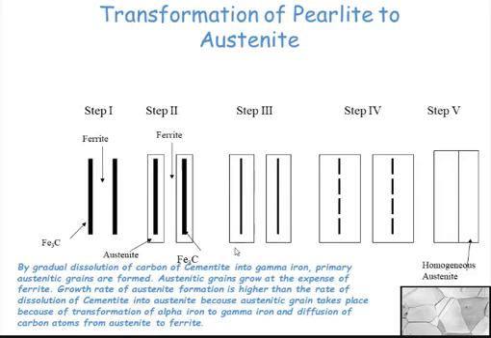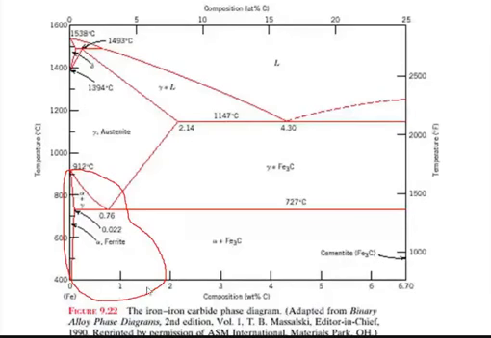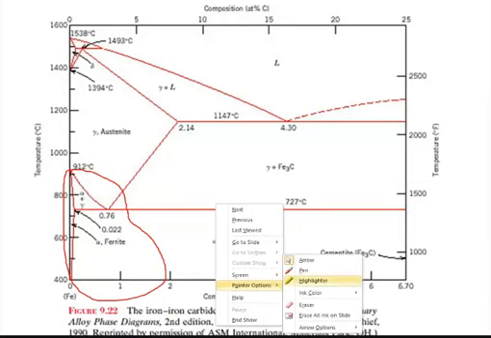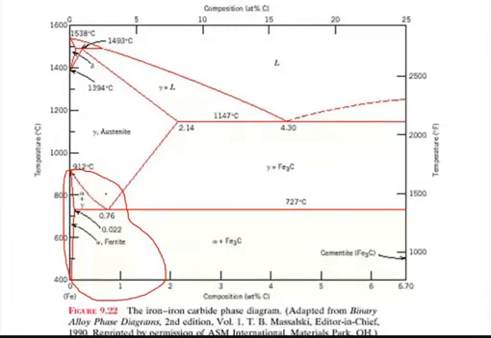So from this particular discussion, we can draw one conclusion. In case of the iron carbon diagram, let us assume that you heat the sample up to the austenitic region somewhere here.